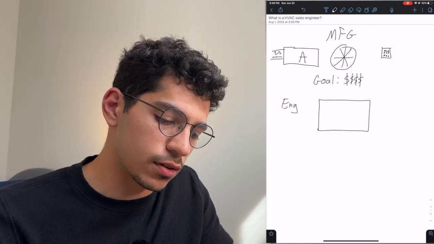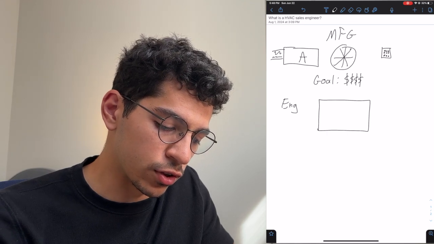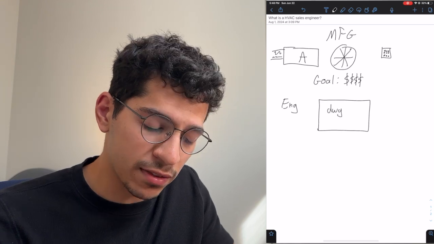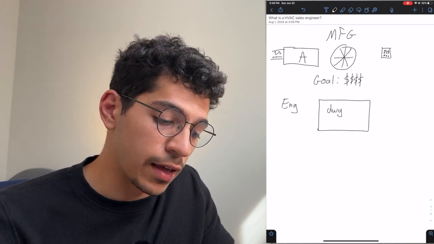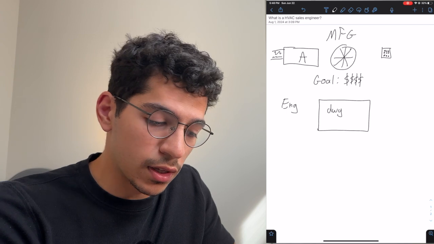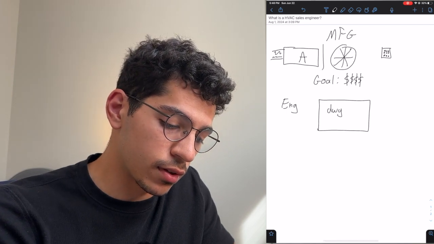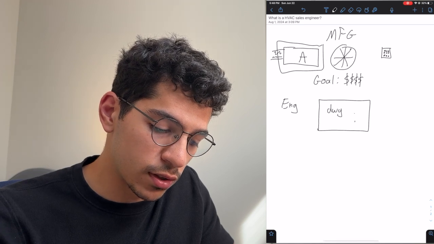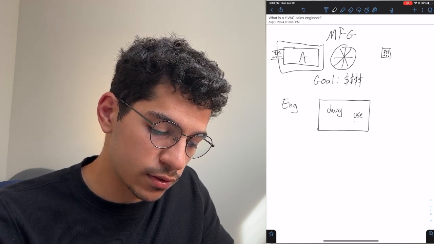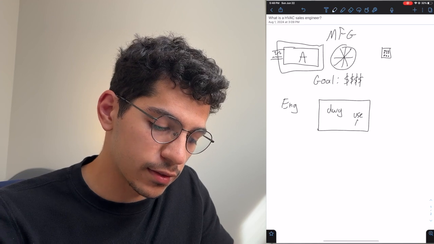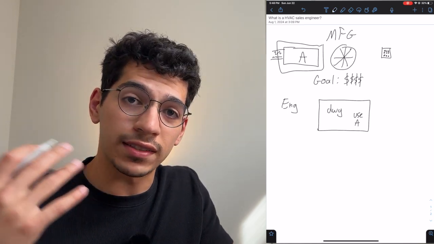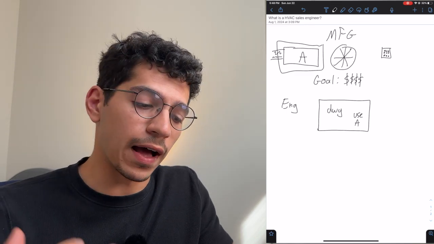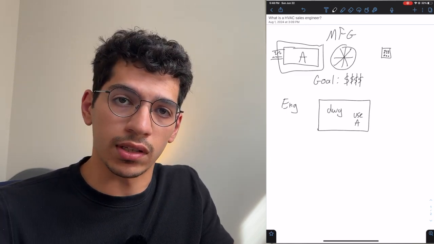So imagine this is the engineering drawing. They need to specify, hey, I want to use this piece of equipment for this project. So use A. Okay? So that's step one. That's the base of how a manufacturer sells their equipment.